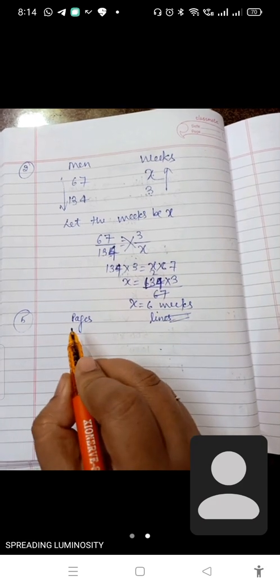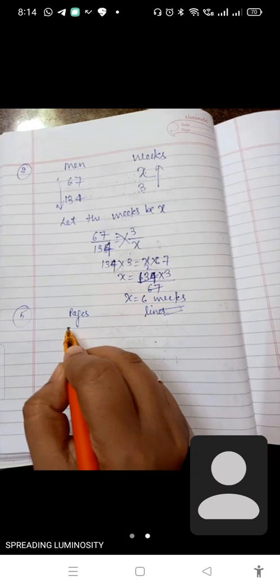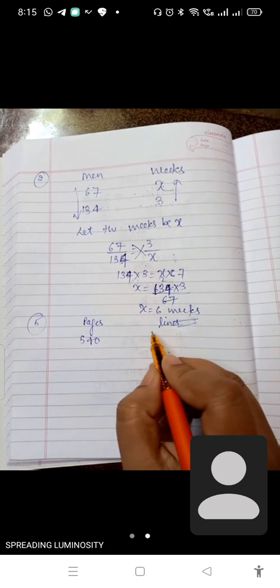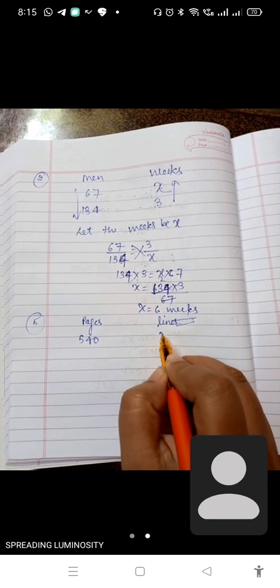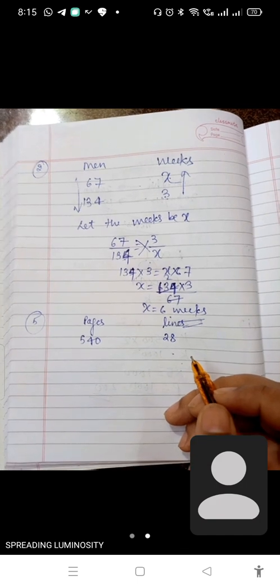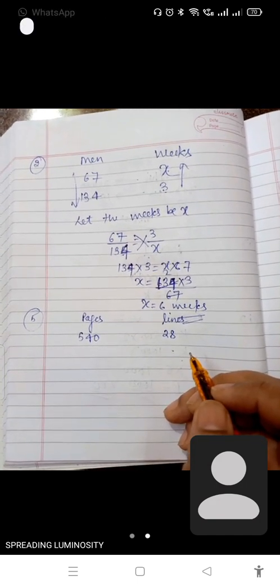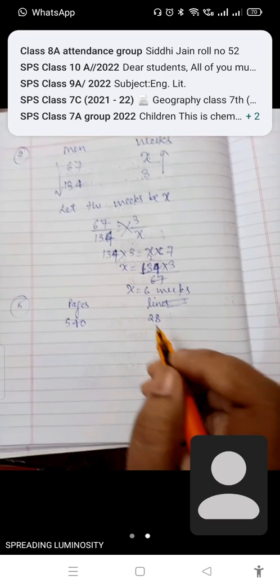When we had 540 pages, then how many lines are there? 28 lines. How many lines should be allowed in a page if the book has to contain 360 pages?